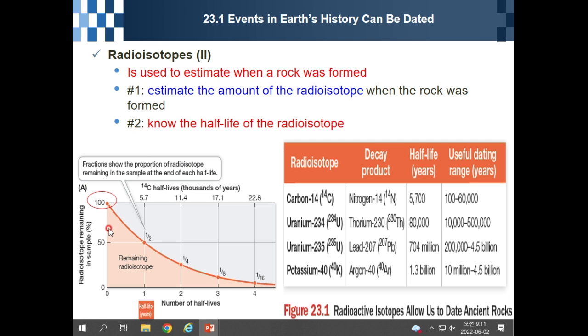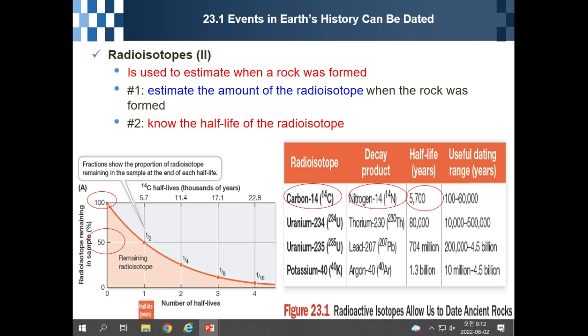Also we have to know the half-life of the radioisotope, but you don't have to memorize half-lives. Carbon-14 decays, and its decay product is nitrogen-14. Its half-life is 5,700 years.